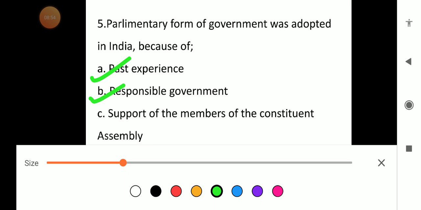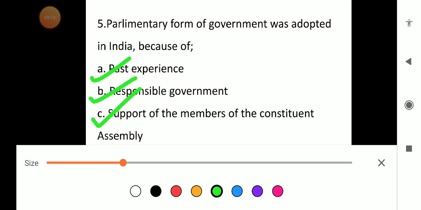Responsible government, the parliamentary form of government, means the executive is responsible to the legislature and indirectly to the people who choose the legislature. So this was also one reason that we adopted the parliamentary form of government. Then there was the support of the members of the Constituent Assembly, those people who made the constitution.